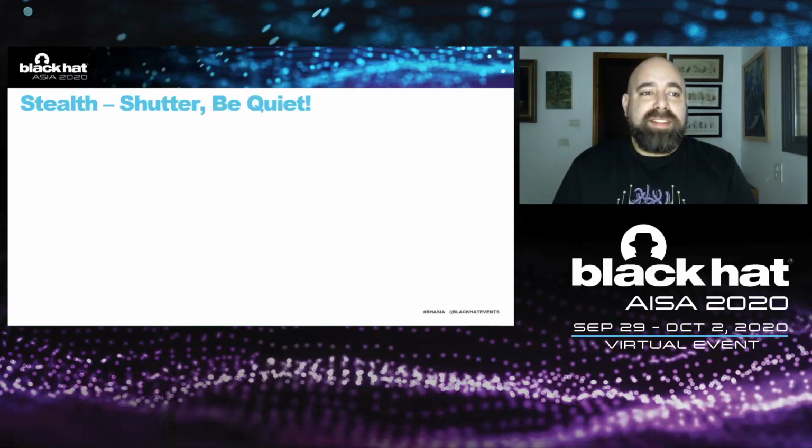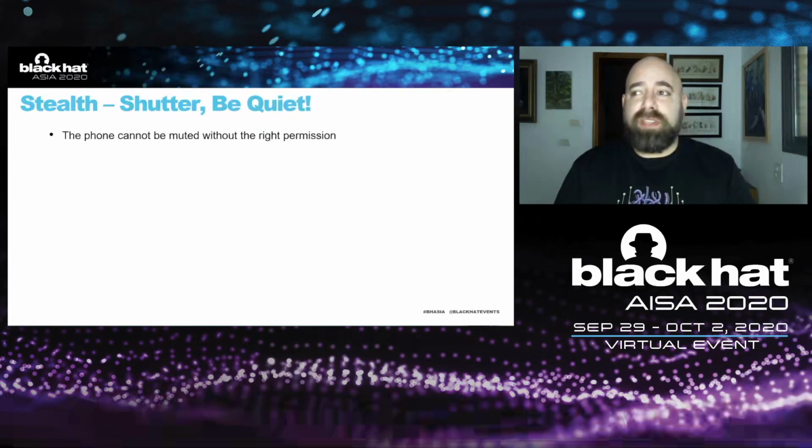That was quite funny. The phone cannot be muted without the right permissions, and it makes sense. You don't want any application to shut up your phone. This is something that the user needs to choose to do. And we decided we want to do it without permissions. So that was not possible, muting it. But what was possible?